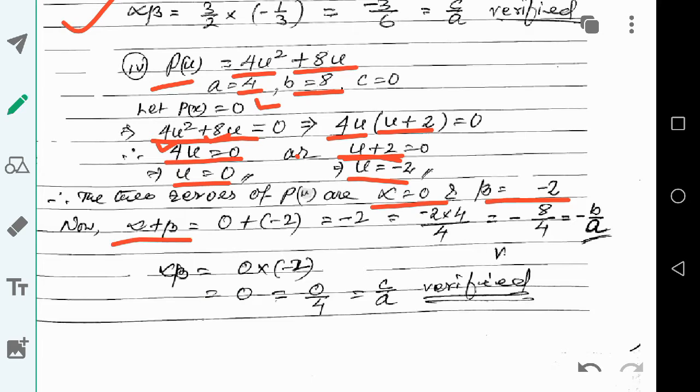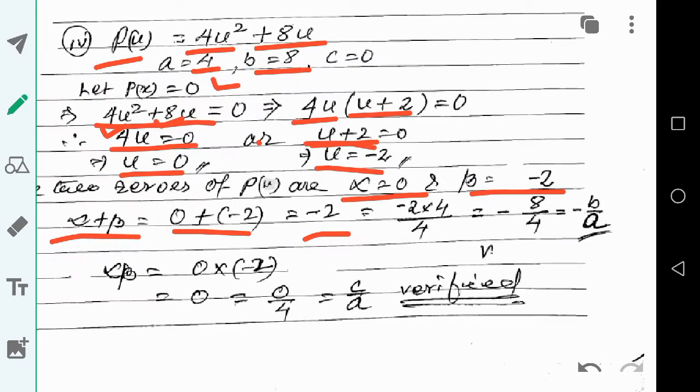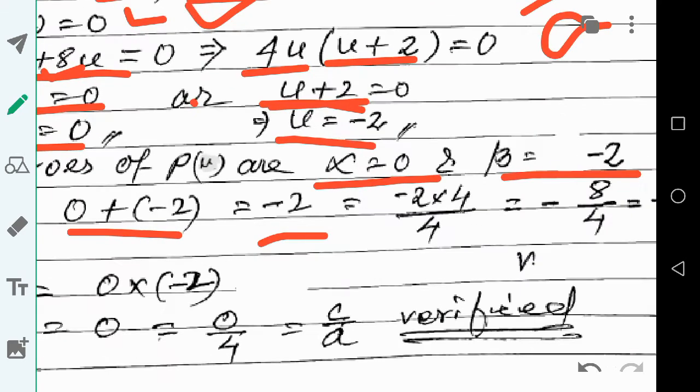Alpha plus beta is equal to 0 plus minus 2, which is equal to minus 2. We need to obtain alpha plus beta is equal to minus b by a. Here b is 8. So how to obtain the 8 from minus 2? First multiply by 4, then again divide it by 4.